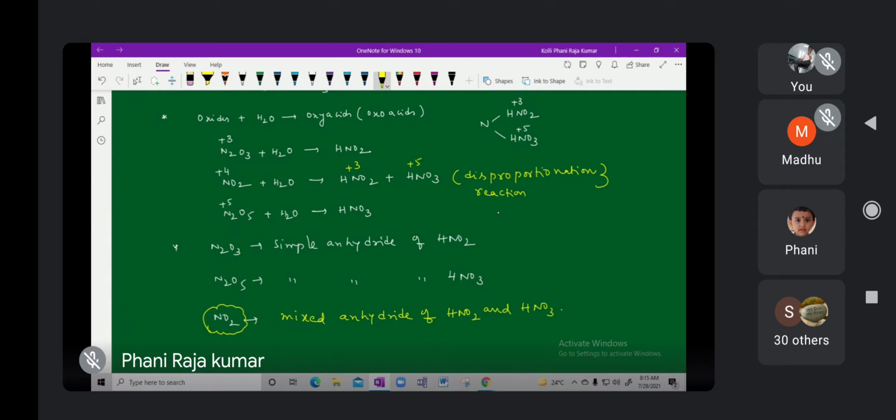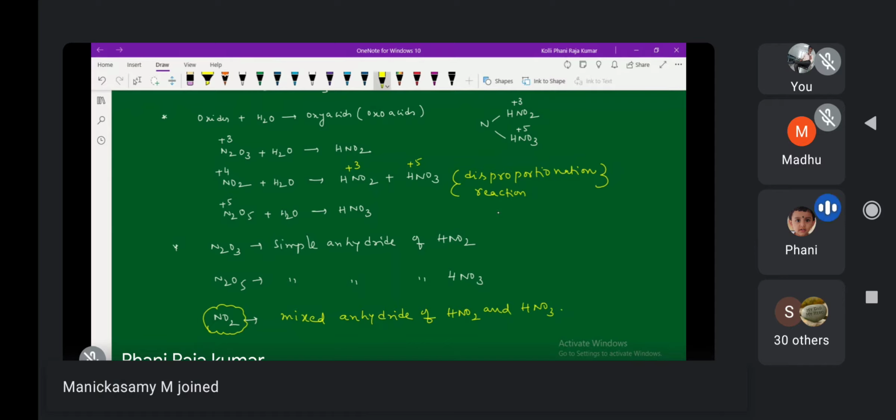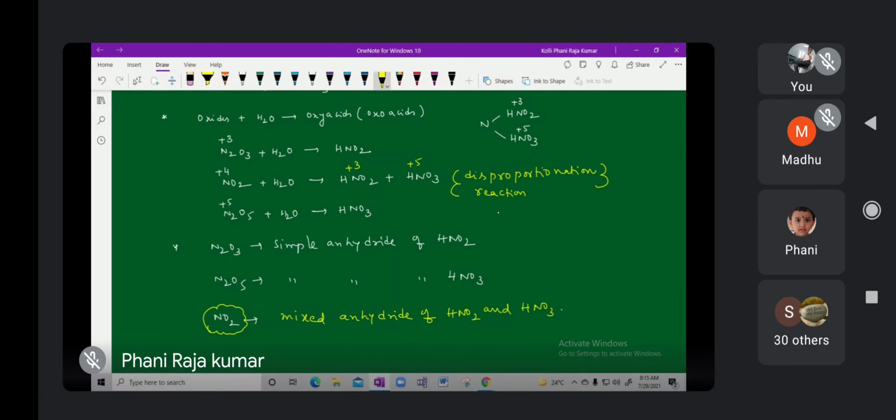So out of the oxides of nitrogen, the one that undergoes disproportionation reaction with water is NO2. This word is important. The mixed anhydride of HNO2 and HNO3 is NO2, whereas N2O3 and N2O5 are simple anhydrides of nitrous acid and nitric acid respectively. HNO2 is nitrous acid, HNO3 is nitric acid.